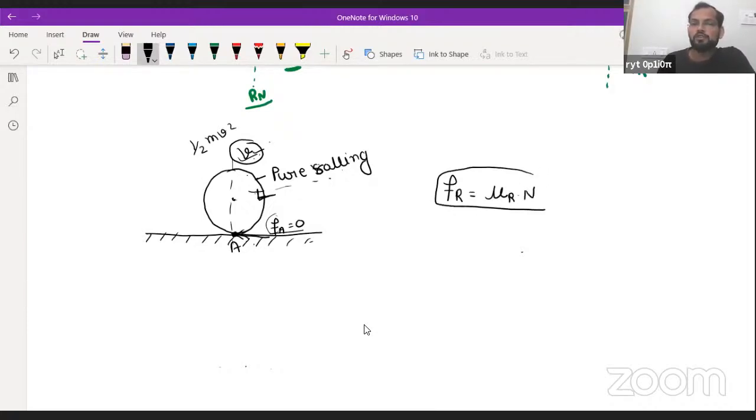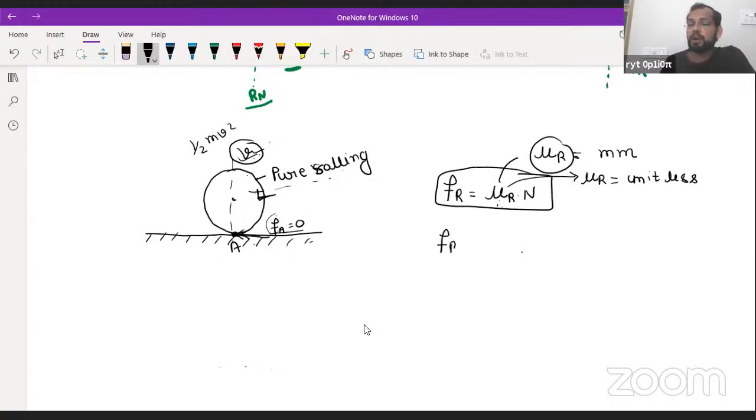Sometimes you will see that the unit of this rolling resistance is given in mm, and sometimes you will see that this mu r is given as a unitless quantity. So what will be the formula whenever it is given in mm?